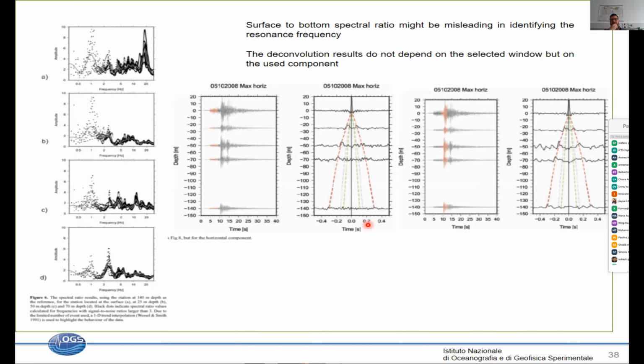The main important result of this kind of studies was to highlight two things that you should keep in mind if you will work with borehole data. The first one is indicated here to the left.